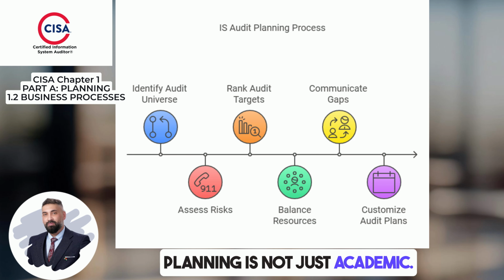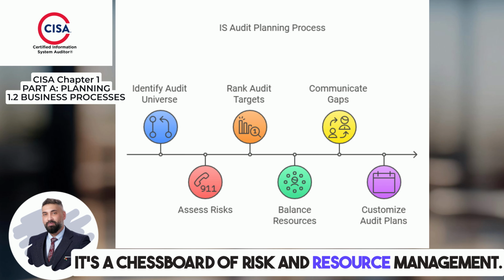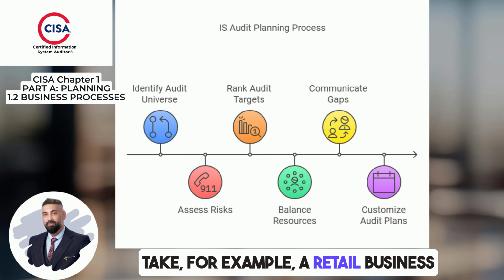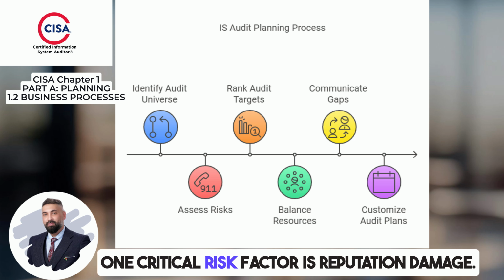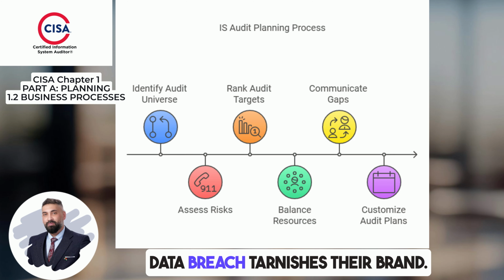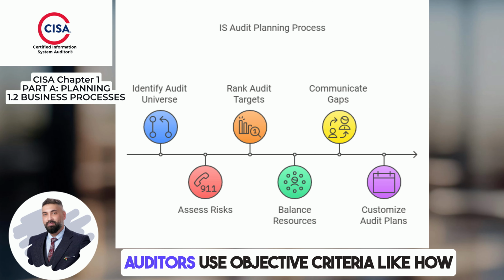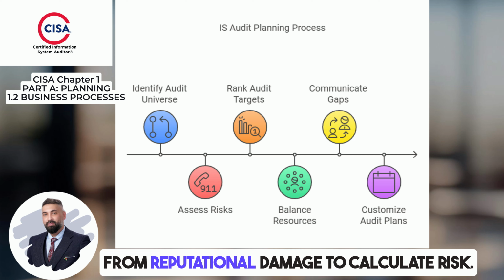Planning is not just academic, it's a chessboard of risk and resource management. Take, for example, a retail business with widespread digital sales platforms. One critical risk factor is reputation damage. Imagine the fallout if a customer data breach tarnishes their brand. Auditors use objective criteria like how long it would take to recover from reputational damage to calculate risk.